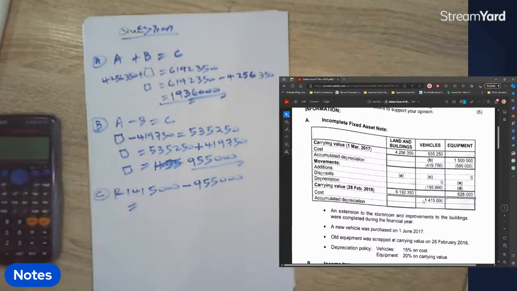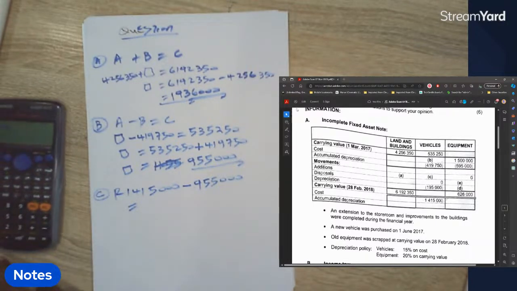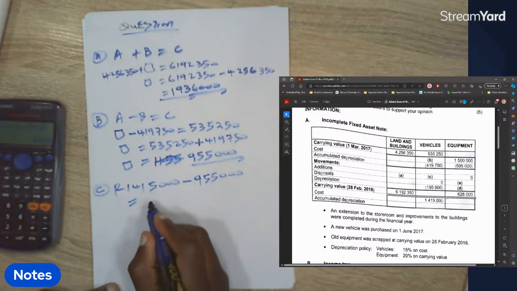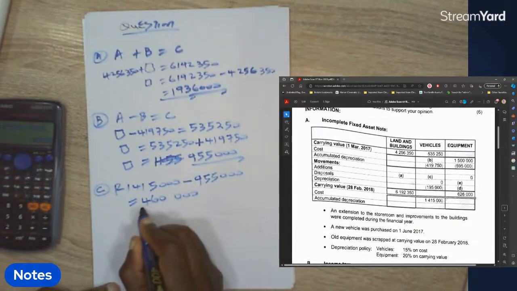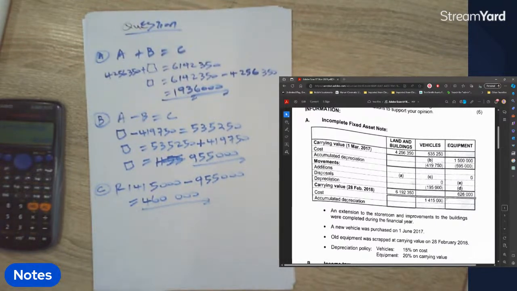Just calculate again: 141,500 minus 955,000. So our answer is 460,000. That is our answer.